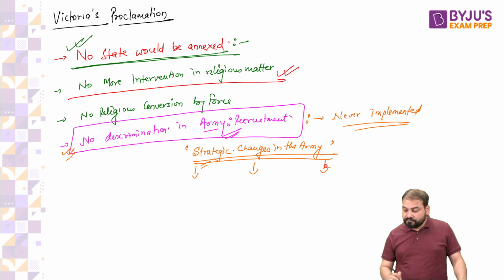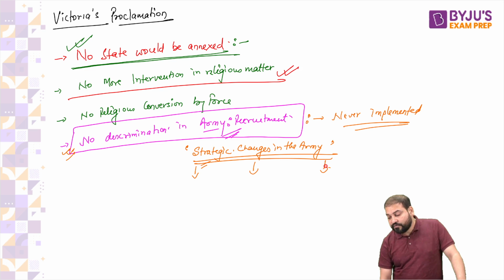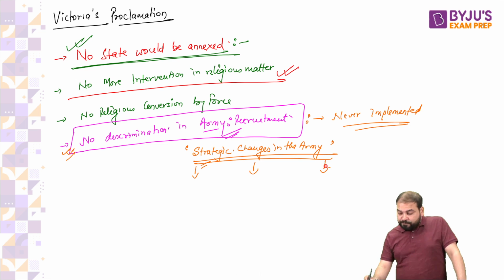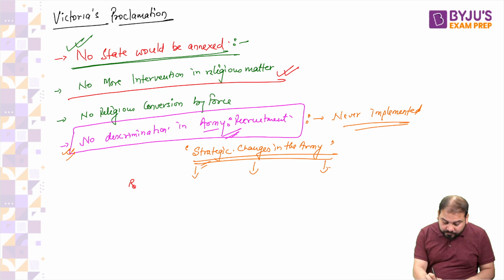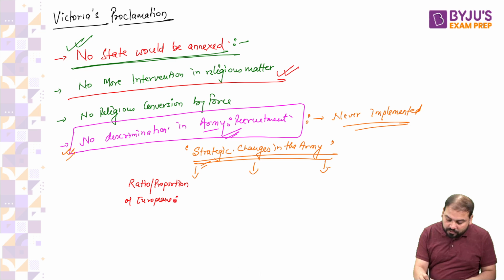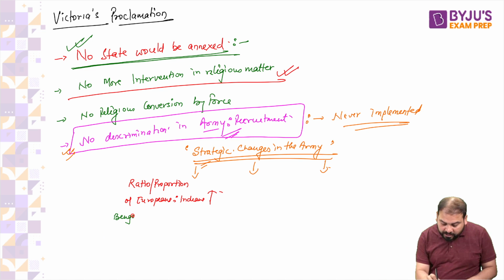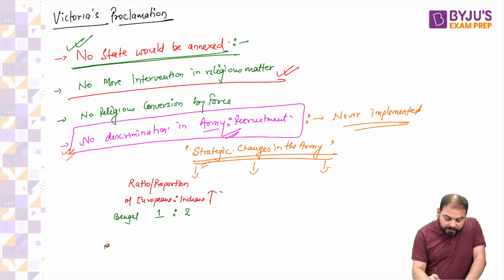No, Shyam, you are wrong. Yes, Anurag, you are correct. Bhavi, you are correct. A lot of people are writing this, so I can tell you, the ratio or proportion of Europeans to Indians in the army was raised. In Bengal, for every one European there will be two, and in Madras and Bombay, for every two there will be 5.